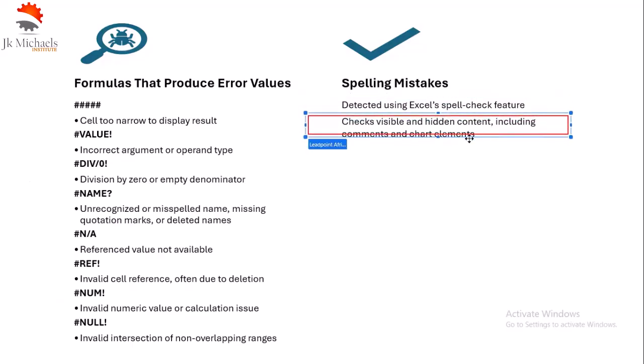Check for visible and hidden content, including comments and chat elements. A lot of times this happens after you duplicate a sheet. You duplicate a sheet and there are comments and chat elements that are hidden, right? For instance, a lot of times I put a comment on a cell and I duplicate the cell, and the comment is still there in the duplicated cell.